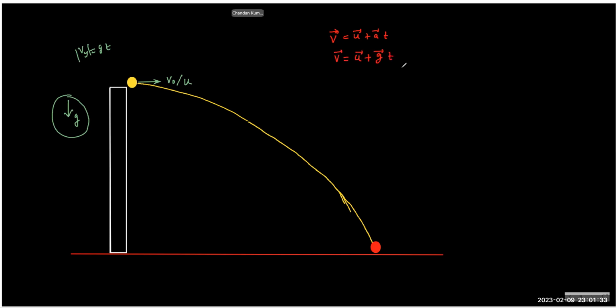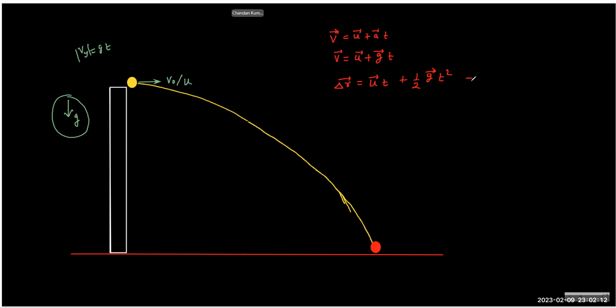This is convenient because I know that the net acceleration here is due to gravity, so it's G. Then we have S equals UT plus half AT square, which we can write as delta R, the change in position vector, the displacement, equals UT plus half GT square. These are in vector notation. There is no minus here in vector notation. When you write in vector notation, you are free from using the symbols minus, plus. When you substitute into components I, J, K, then you have to put them in.